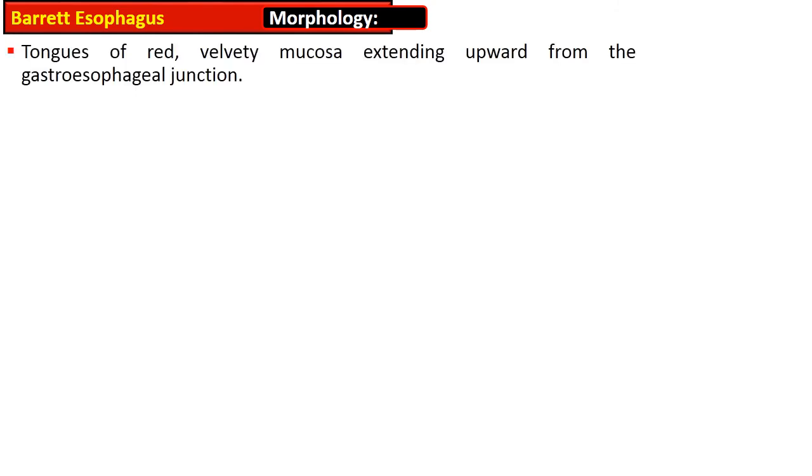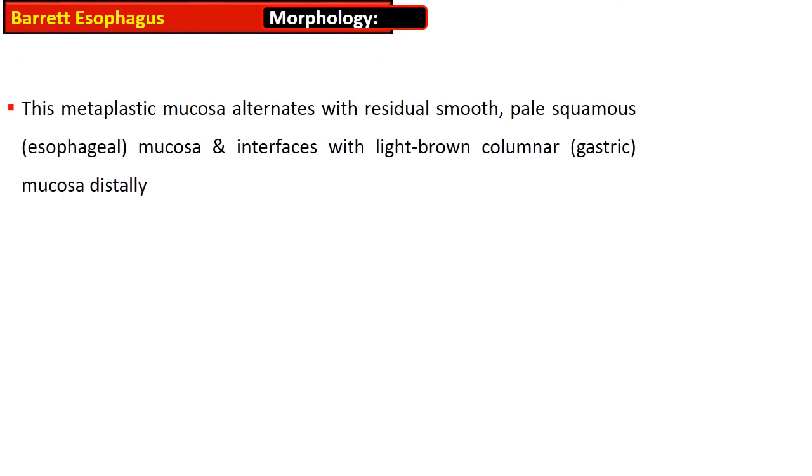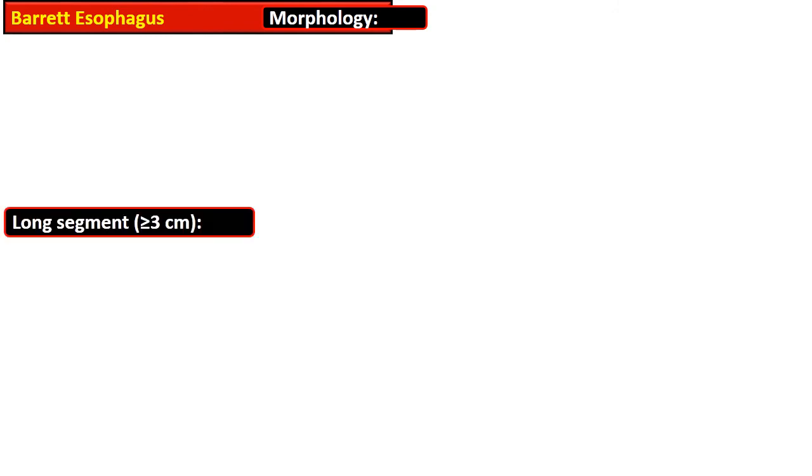Grossly, the Barrett's esophagus is characterized by the presence of tongues of red velvety mucosa that is extending upward from the gastroesophageal junction. The metaplastic mucosa alternates with the residual smooth pale squamous mucosa and interfaces with the light brown columnar gastric mucosa distally. This disease is divided into two types. One is the long segment disease and another is the short segment disease.